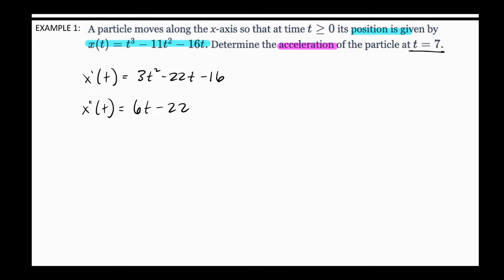Now, what is t again? What is t for this question? t is time. And do they give us the time they want us to find? 7, right? So anywhere I see a t, I'm going to plug in a 7. 42 minus 22 equals 20.